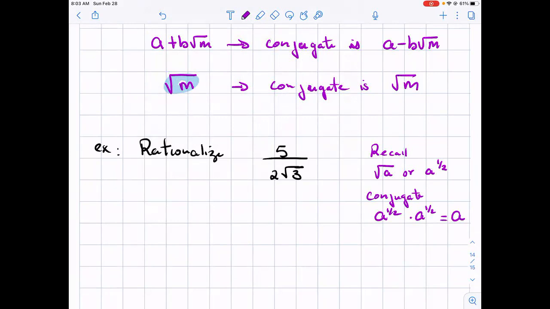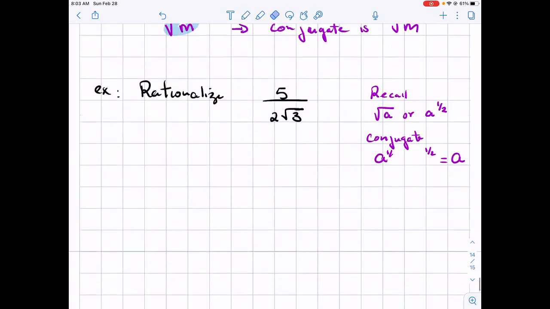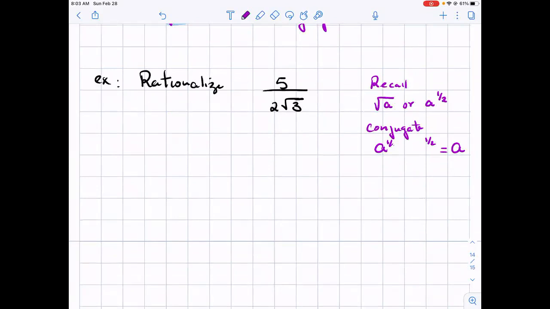Because remember, let's read that properly, that when we multiply, we add the powers.